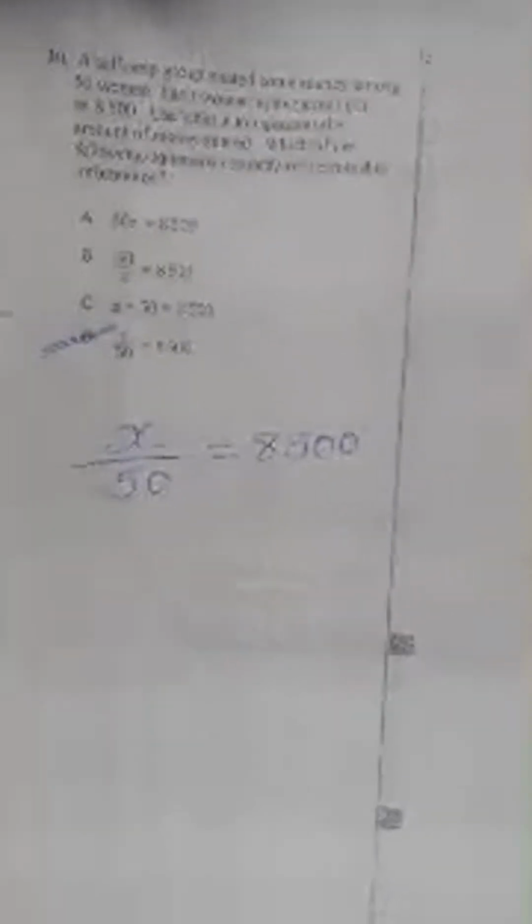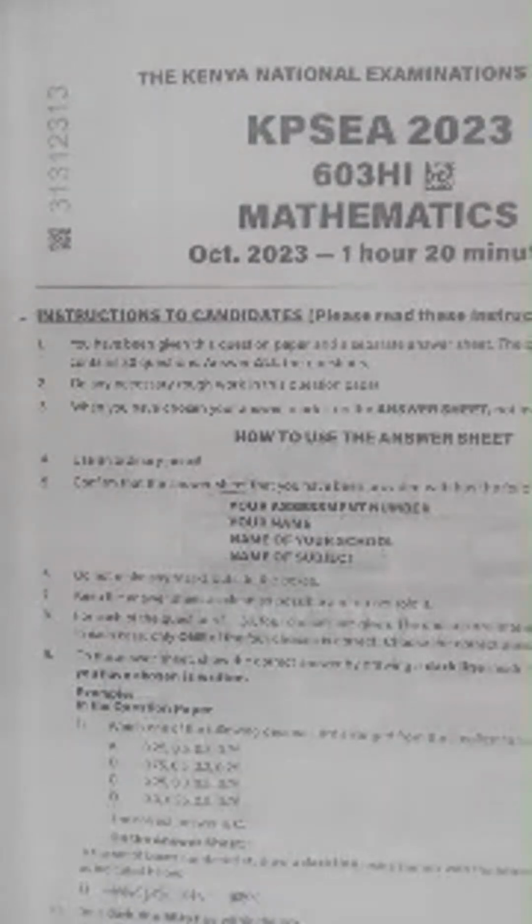Therefore, if the paper takes 1 hour 20 minutes, I'm still left with some more minutes to transfer my answers to the mark sheet. Remember, we have an assessment mark sheet that is the answer sheet that is supposed to be marked. So you have some 10 minutes, which is extra enough for a student to go through one by one as you mark the right answer slowly and surely.